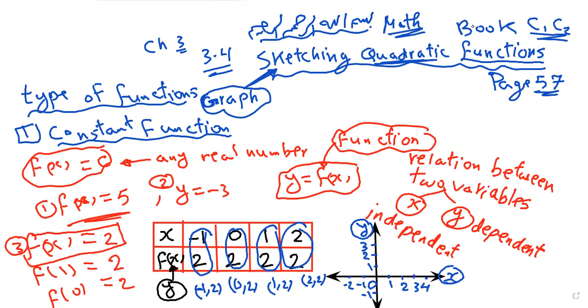Here -1, 2. 0, 2. 1 and 2. To connect our graph, it will be like what? Yes, straight line.